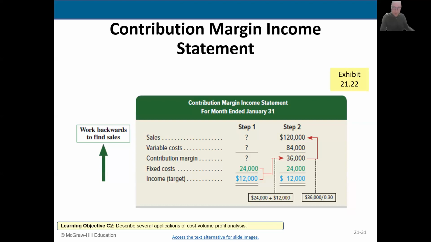How did I get that contribution margin of 36? Well, I added fixed cost plus the target income. If my contribution margin is going to be 36,000, I know that I'm going to need to sell $120,000 because I have variable costs, $70 per unit. You see? Sometimes it's a matter of working backwards. You're building it in.